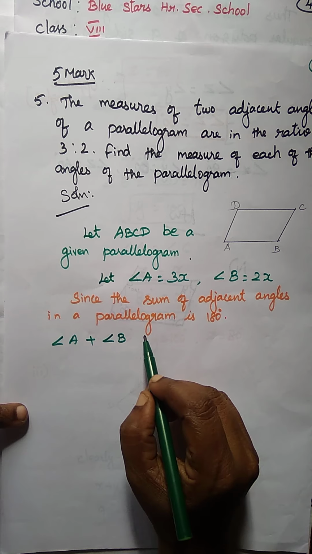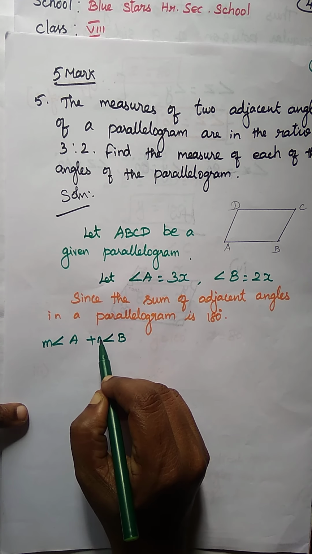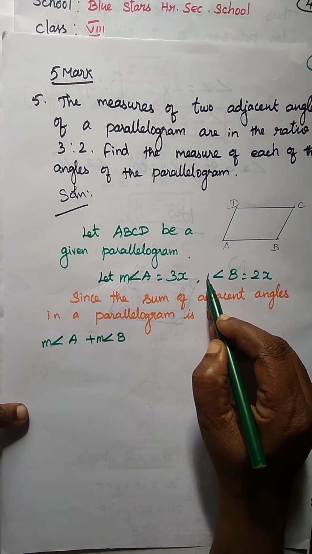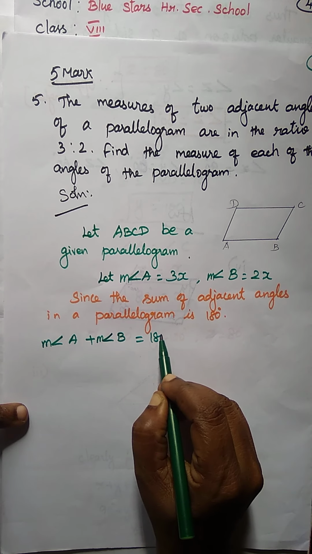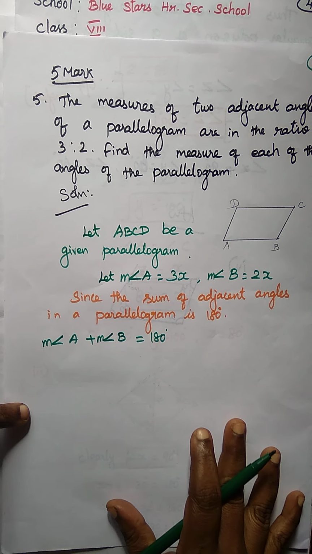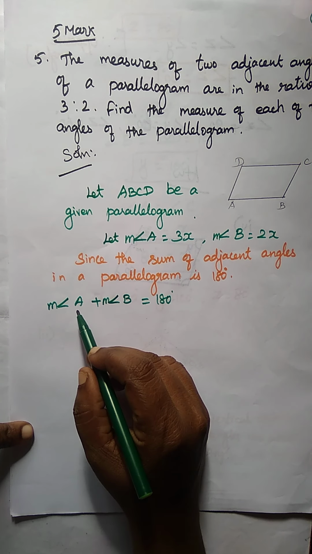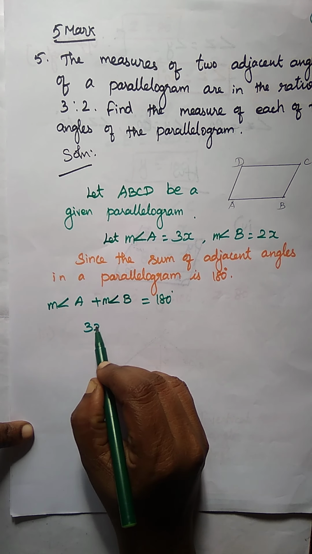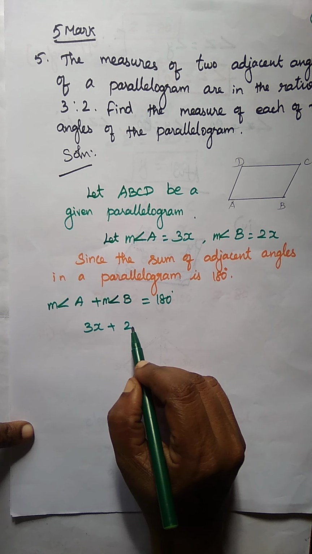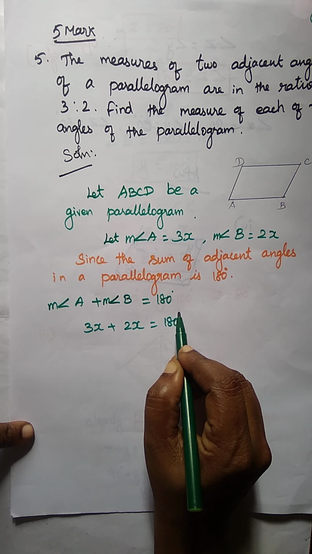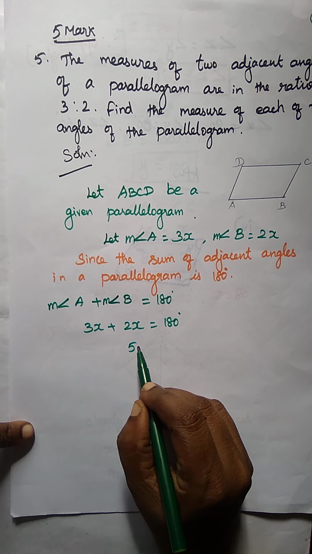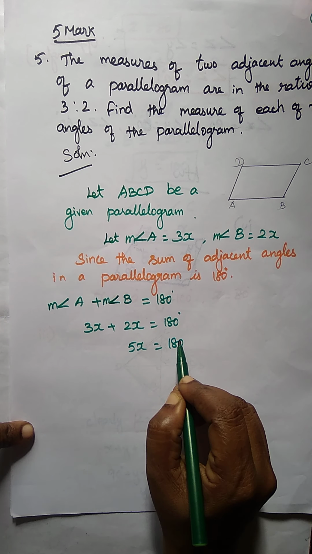Is it correct? So measurement of angle A plus measurement of angle B is equal to 180 degree. Using this property, adjacent angles of a parallelogram sum to 180 degree. Now angle A value is 3x plus angle B is 2x is equal to 180 degree. 3x plus 2x is 5x is equal to 180 degree.